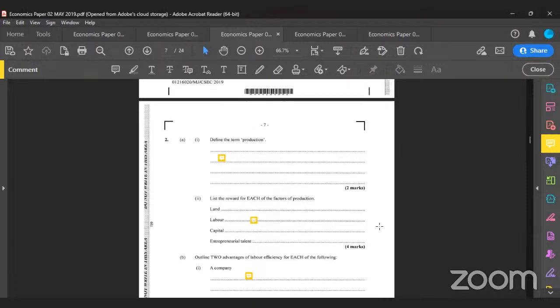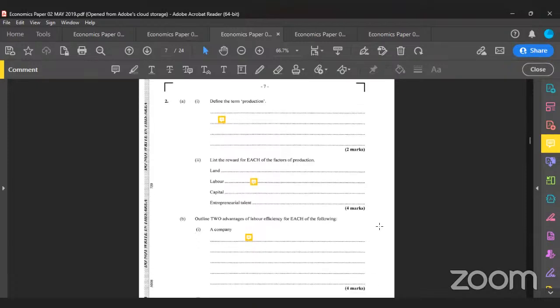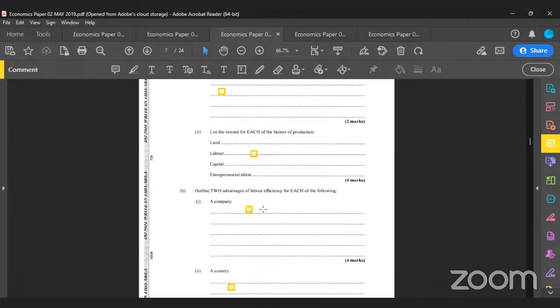Additionally, part B asks us to outline 2 advantages of labor efficiency for each of the following. So, for a company, when you have efficiency within the labor that you hire, it generally leads to lower costs because persons are working at a higher standard, at a higher rate, and overtime costs would fall as a result, right?